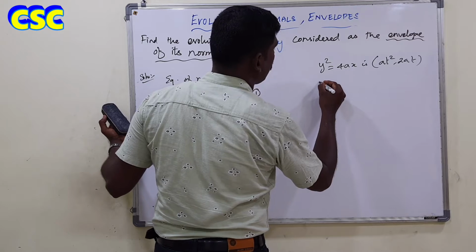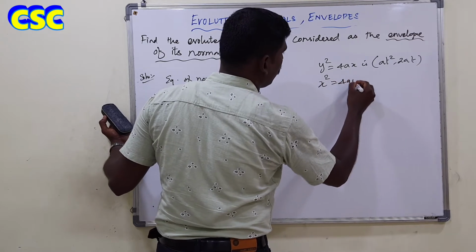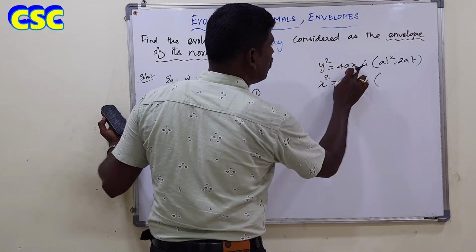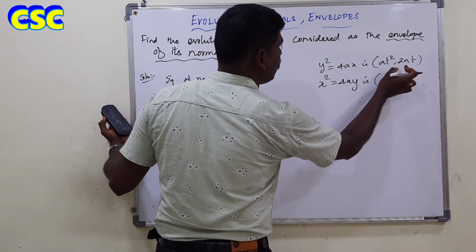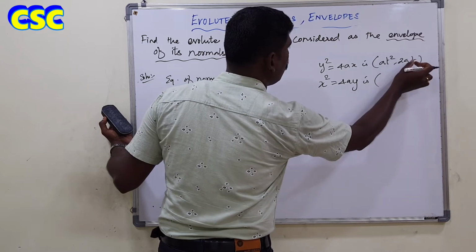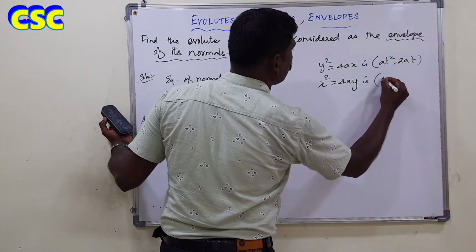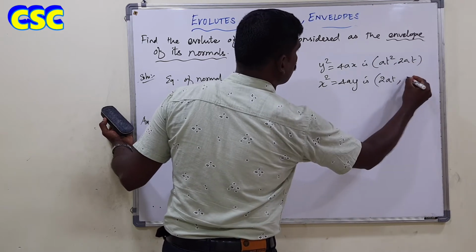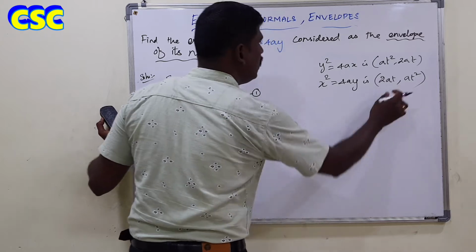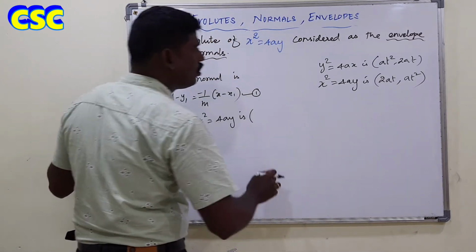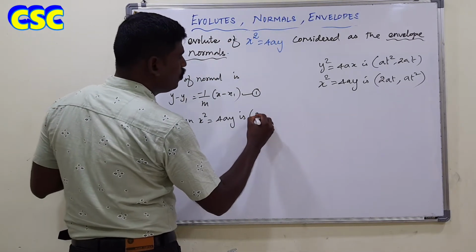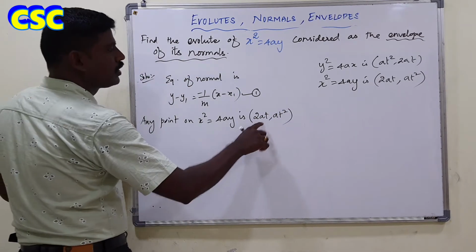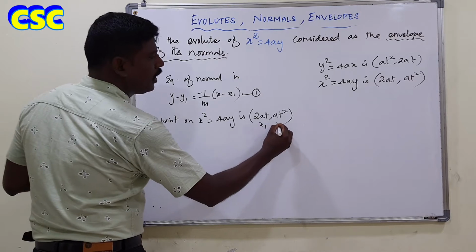Same way, any point on x square is equal to 4ay is in reverse order. x is replaced by y, y is replaced by x here. Same like that, x coordinate is replaced by the y coordinate. So 2at. Same like that, y coordinate is replaced by the x coordinate, at square. So this is any point on the curve x square is equal to 4ay. Right? So 2at comma at square. So this can be taken as x1 and this can be taken as y1.